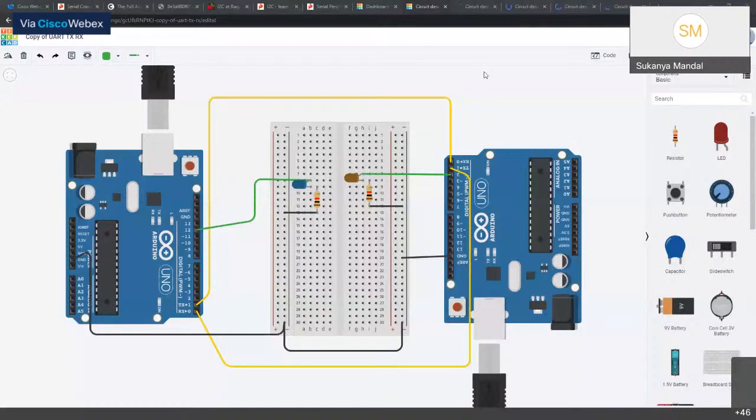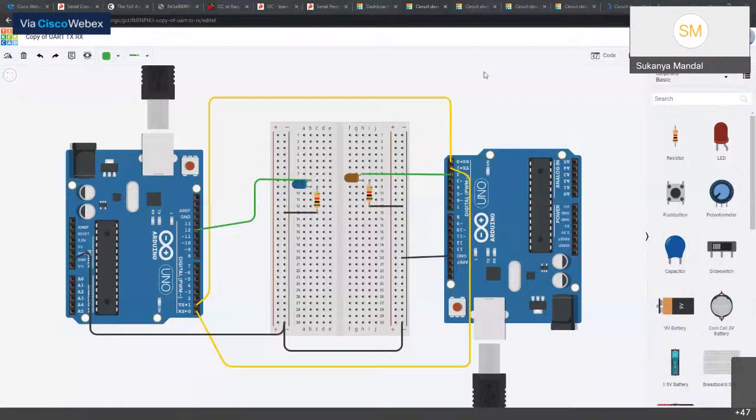At the moment, unfortunately, it does not support any other boards, because of security issues, and that's the very general reason why we don't have good online simulators for the Raspberry Pi board.